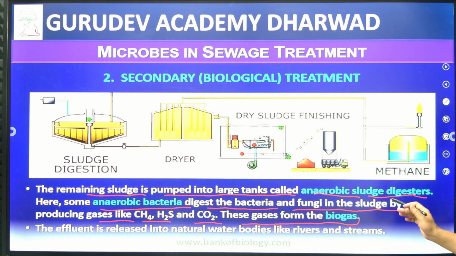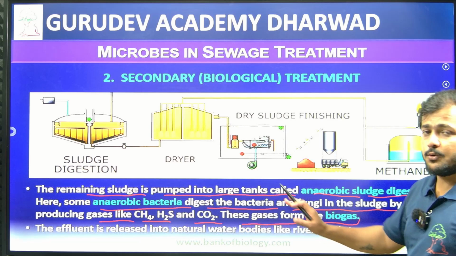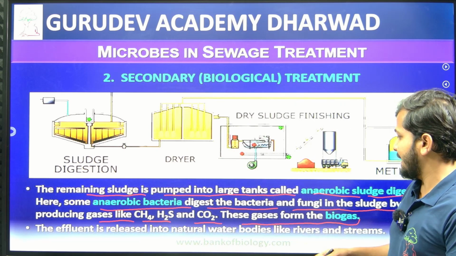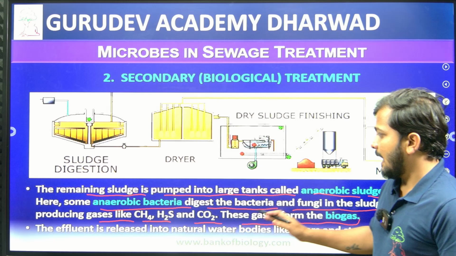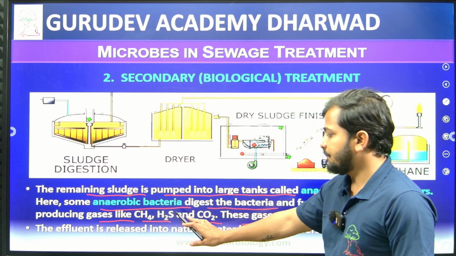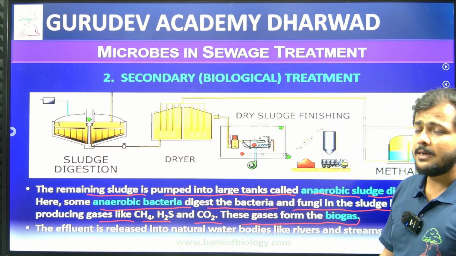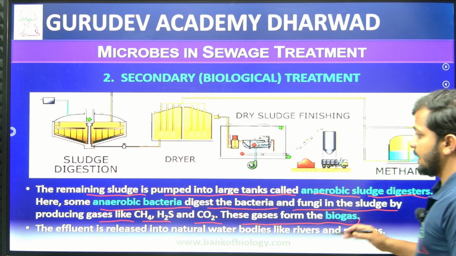The biogas plant is what we call the anaerobic sludge digester, where anaerobic bacteria digest the bacteria and other organic matter and form methane. H2S and CO2 gases are also formed.